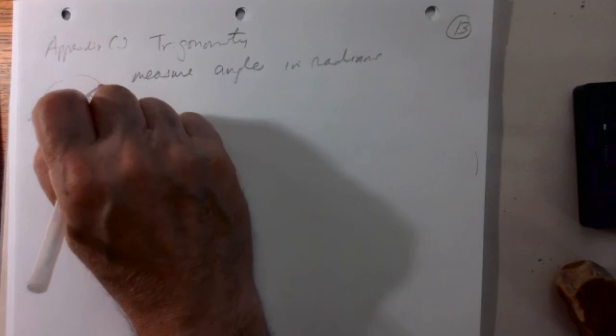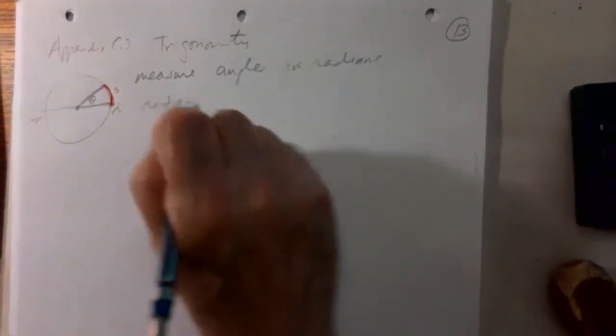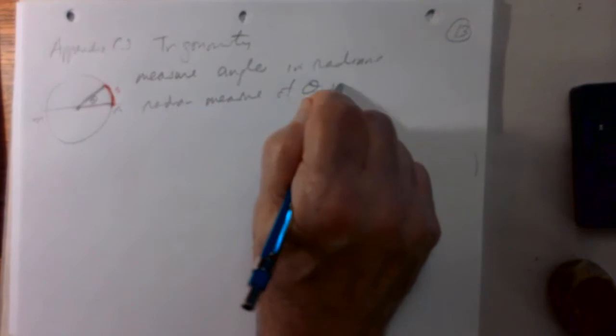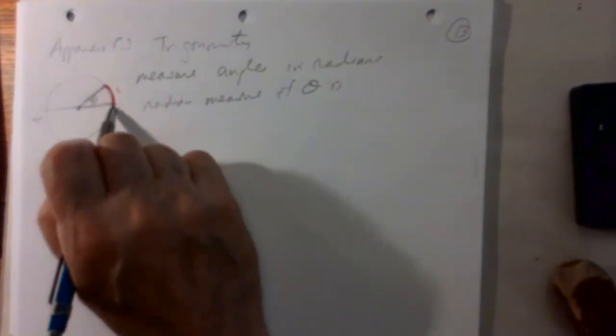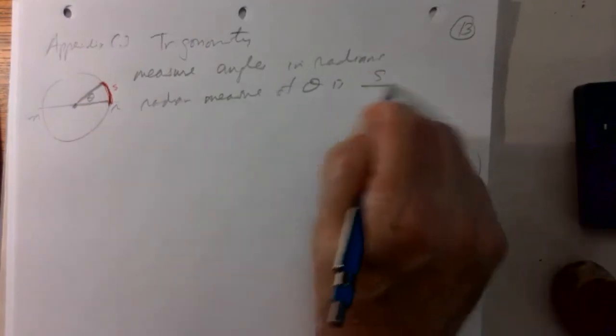So call that S. So S is this arc length. And the radian measure of theta is the length of the arc of a circle it cuts out divided by the radius of the circle.